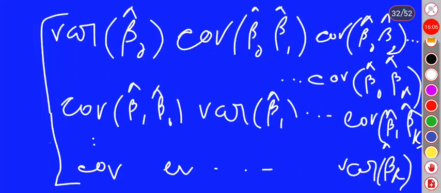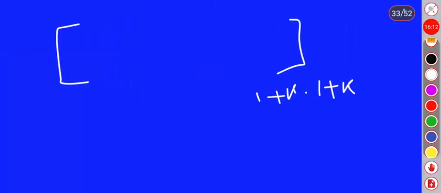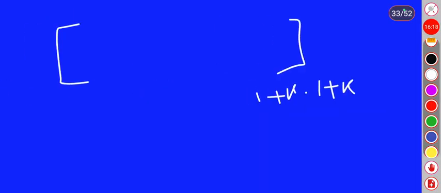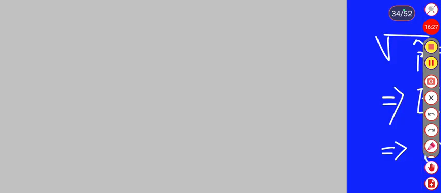So already mentioned here, variance and covariance matrix represent, and the order is 1 plus k into 1 plus k. The whole variance covariance matrix is of order 1 plus k number of rows and 1 plus k number of columns.